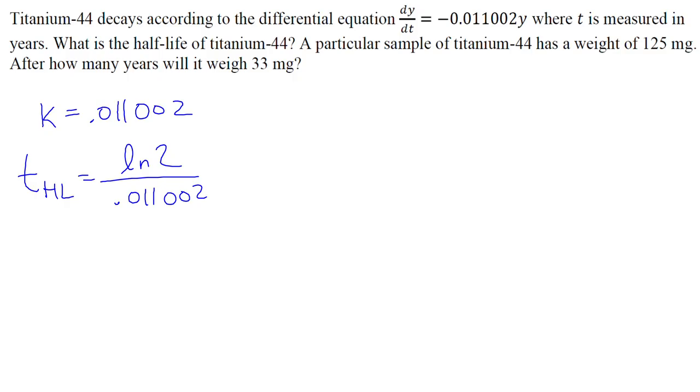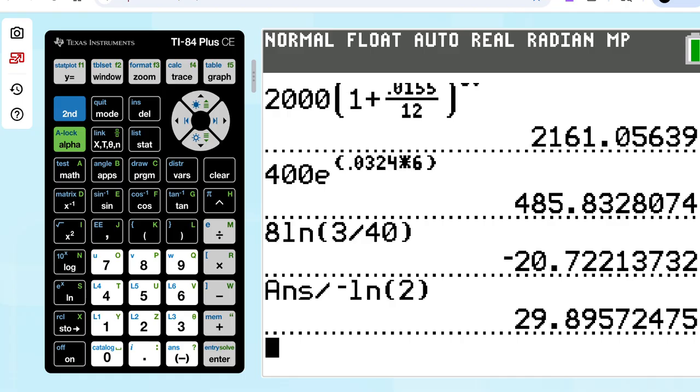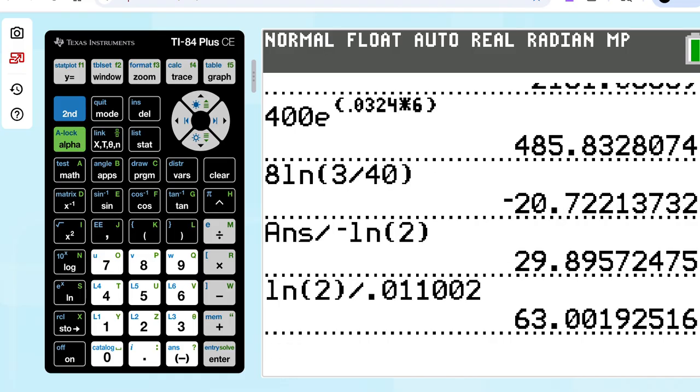But first, we need to at least approximate what our half-life is. So it'll just be the natural log of 2 divided by that. We'll do that on our calculator. Natural log of 2 divided by 0.011002.